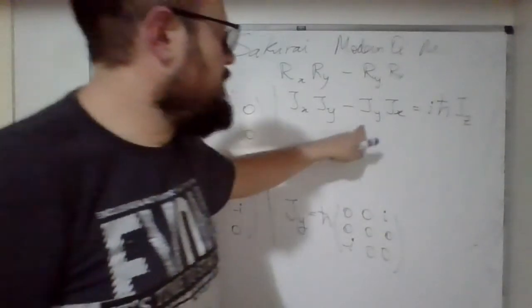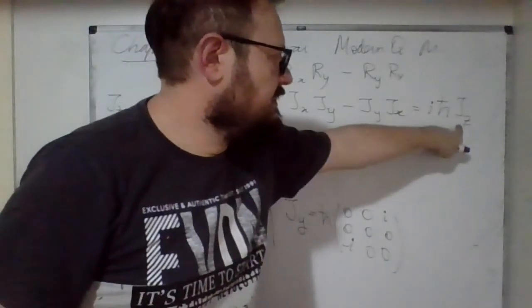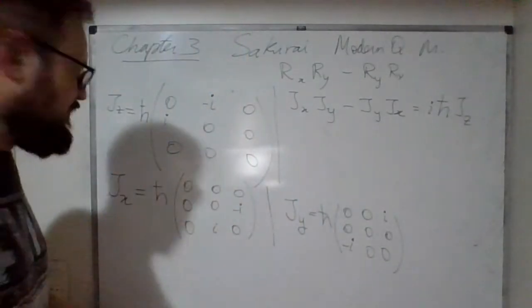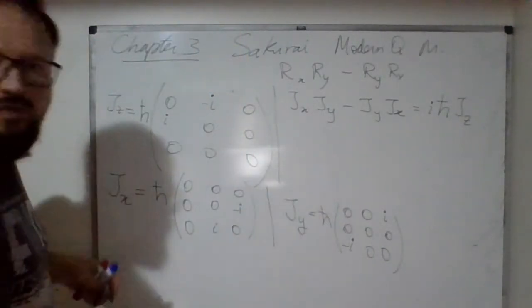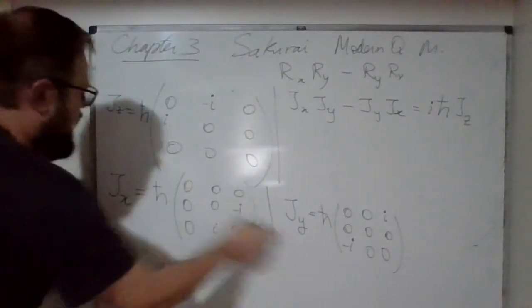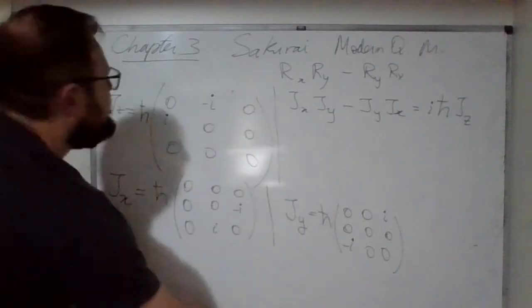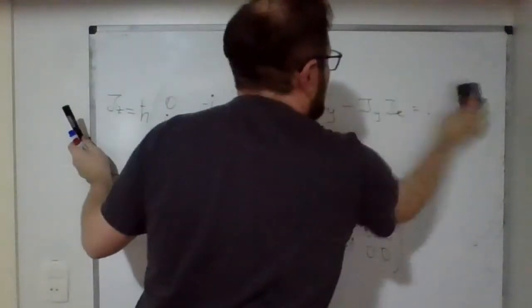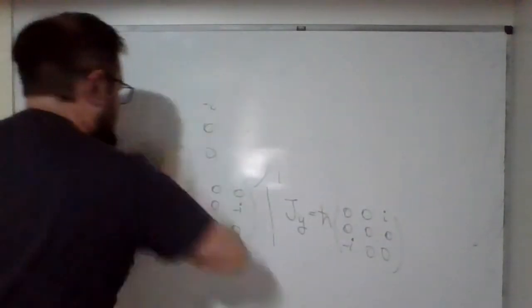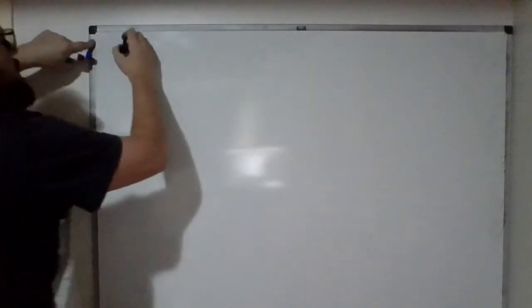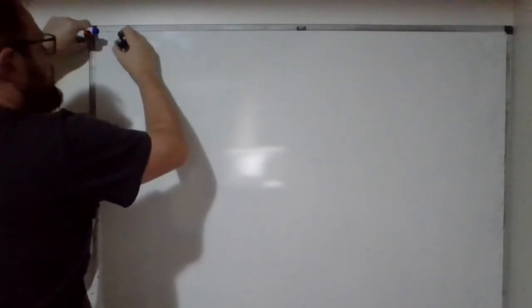So xy minus yx is proportional to the z component. And if you do for all the multiplications possible, zx, zy, xy, and all that, you'll find out the Lie algebra of rotations, the algebra of the generators.